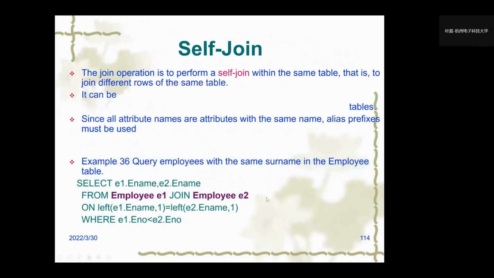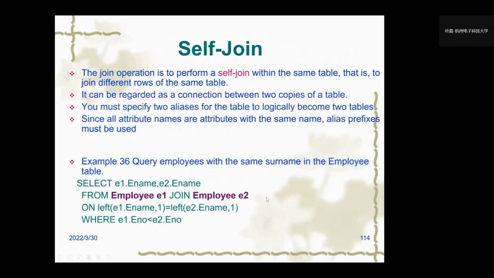And then let's see what is self-join. The self-join is a join operation performed within the same table. That is to join different rows of the same table, which we call self-join. So it can be regarded as a connection between two copies of one table.